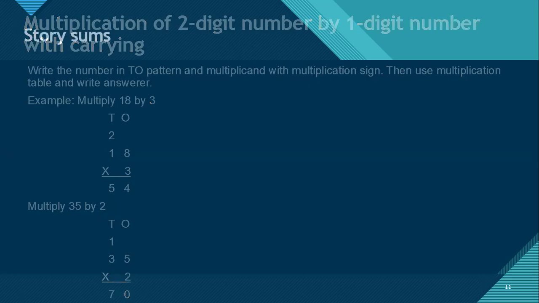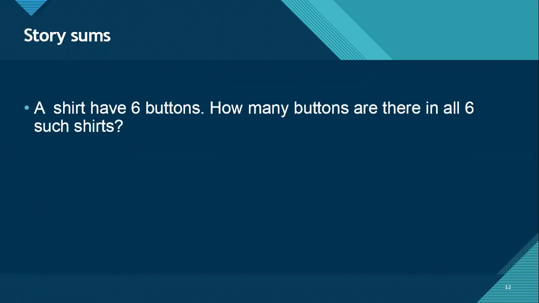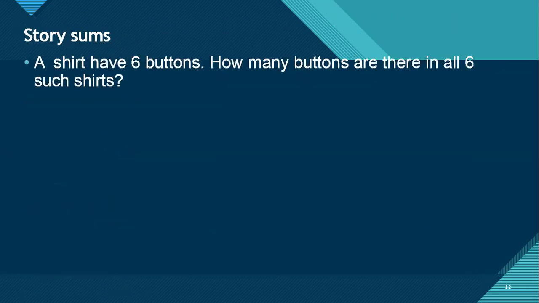Now, the next topic is the story sum. Now I'll do some story sums. The first story sum is: a shirt has 6 buttons. How many buttons are there in all 6 such shirts? Don't get confused, there are 6 shirts. How will we solve it?